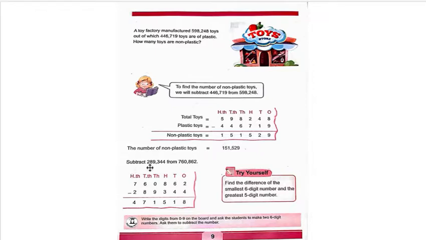Subtract 289,344 from 760,862. So now when we subtract these two, it becomes 471,580. Try yourself. Find the difference of the smallest 6-digit number and the greatest 5-digit number.